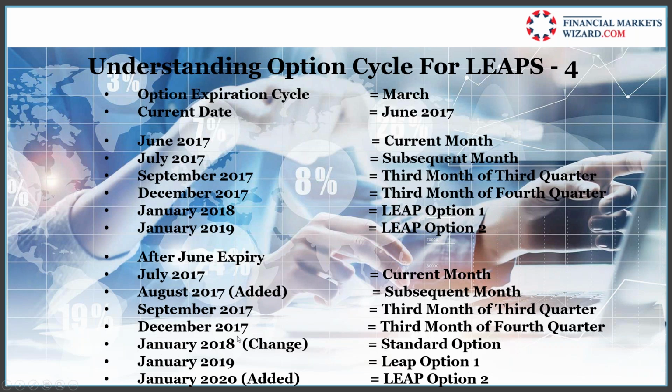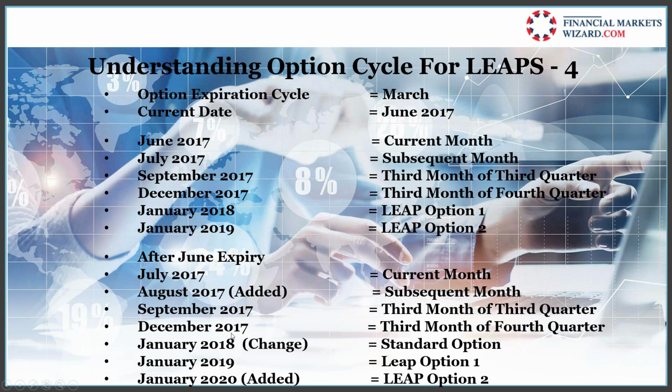Now what they do, because January of 2018 is so close, it's the next month, they change it to a standard option. So now you will see 5 months because of the closeness of January to December 2017.